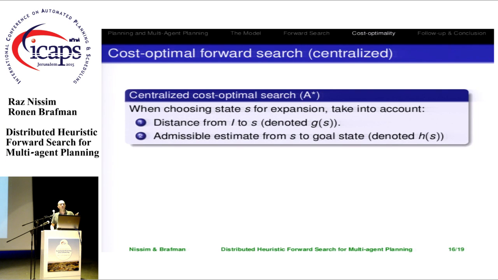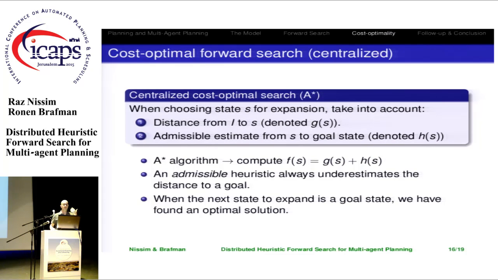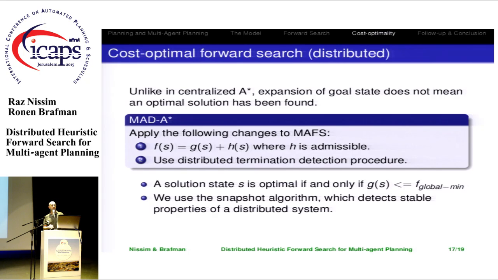In centralized methods for cost optimal forward search, we need to have an admissible heuristic, and once we take this into account and take the G, which is the distance from the initial state to the state that we're estimating, once we choose to expand a goal state, this means we have found a solution to the problem. In the distributed case, this is not true. So we still do need an admissible heuristic, but expanding a goal state is not enough.